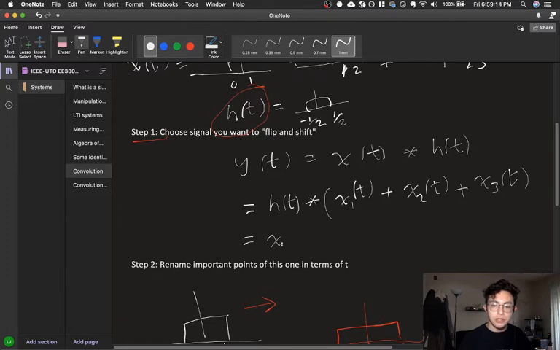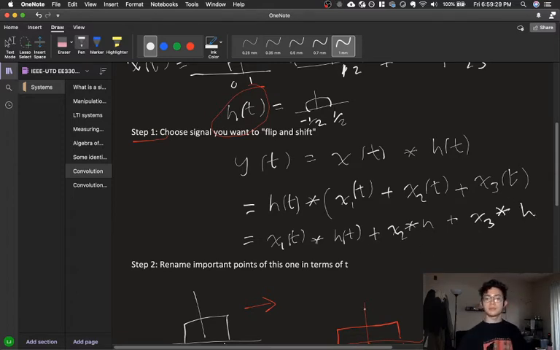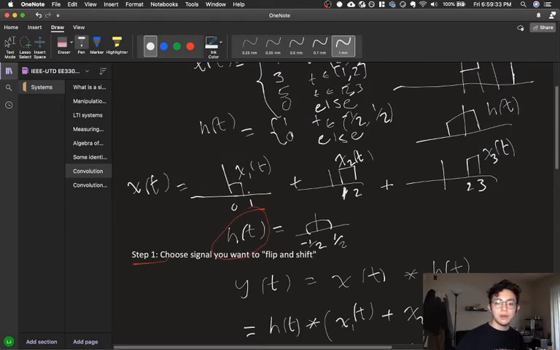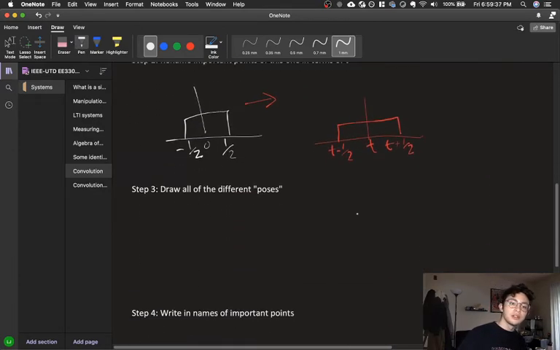So this would be x1 of t convolved with h of t plus x2 convolved with h plus x3 convolved with h. And these are all functions of time. So in effect, what this means is that we can just convolve box by box and then we'll get our answer.